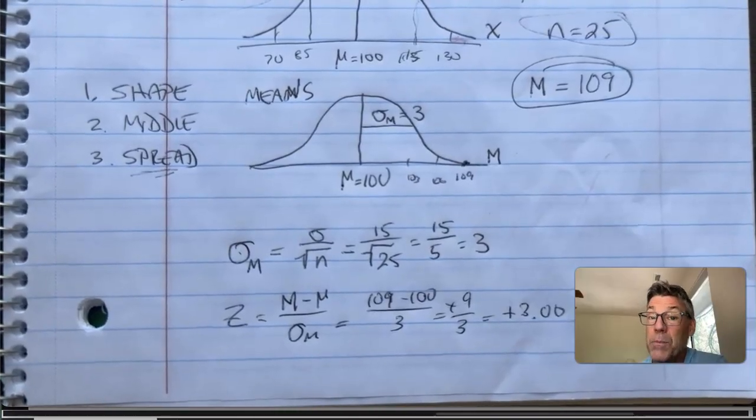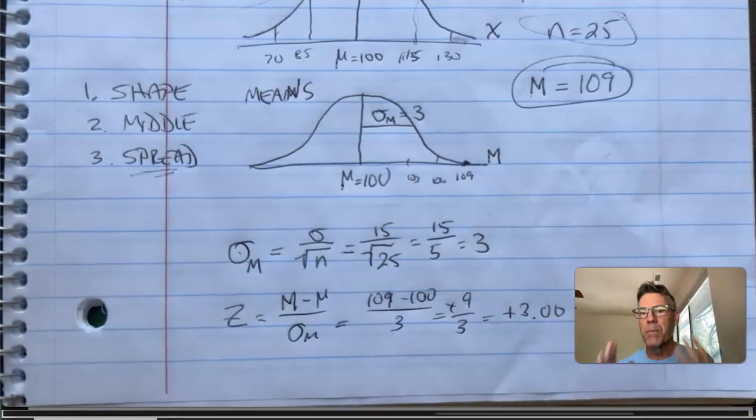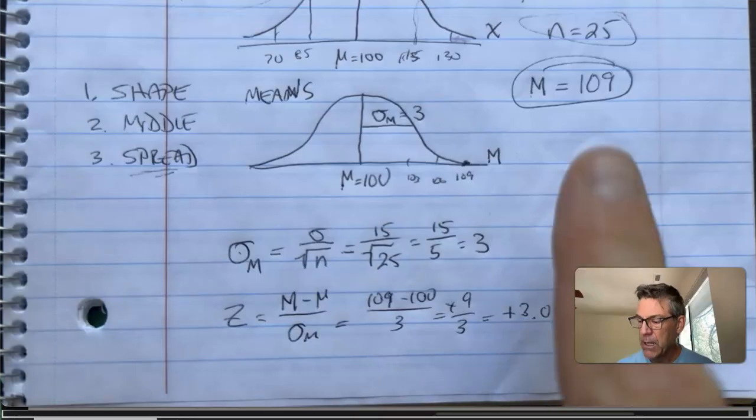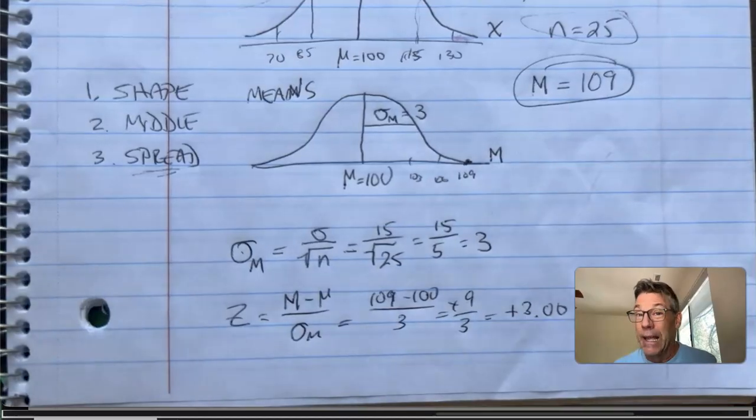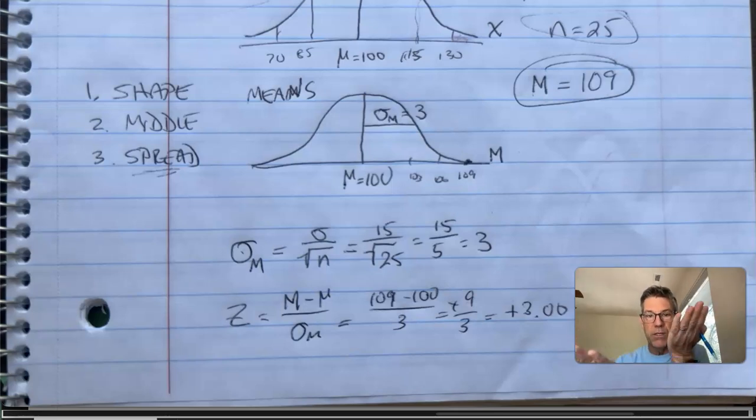Again, if we gave those people a smart pill before giving them this IQ test and they ended up scoring that high, at this point we have 2 possibilities. We happen to sample 25 people who happen to be super smart and have an average IQ of 109, or the smart pill is making them smart. Those are our 2 options.